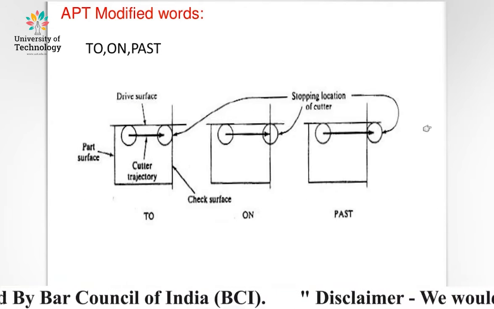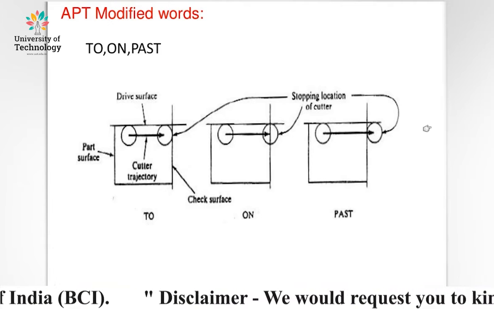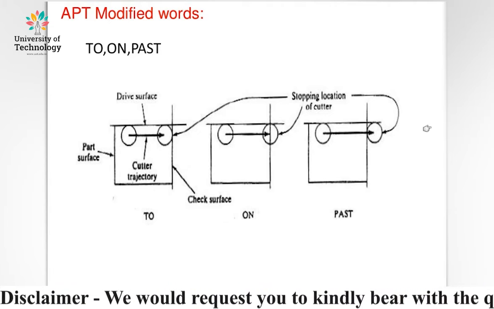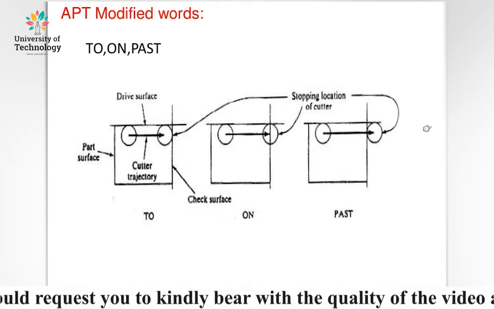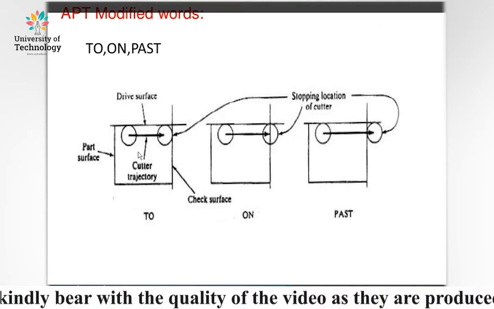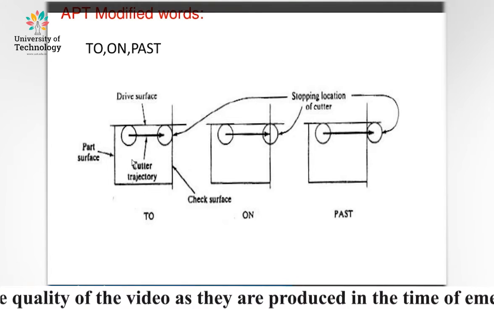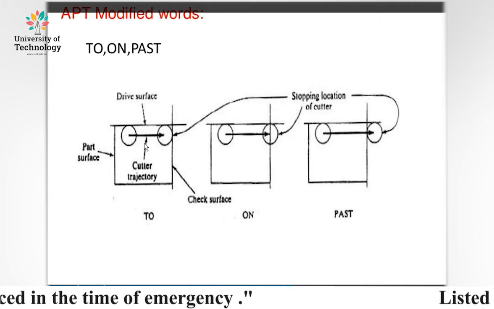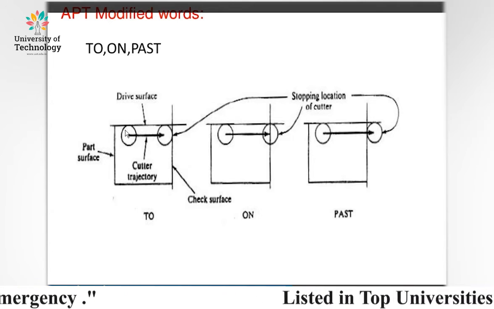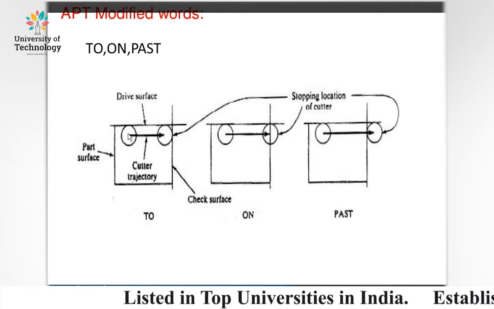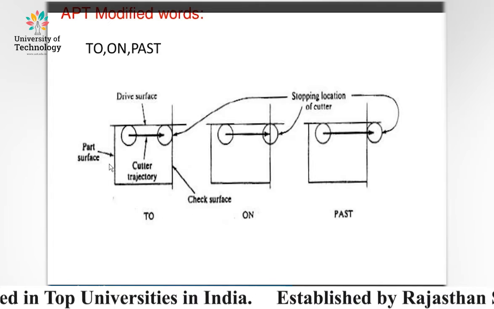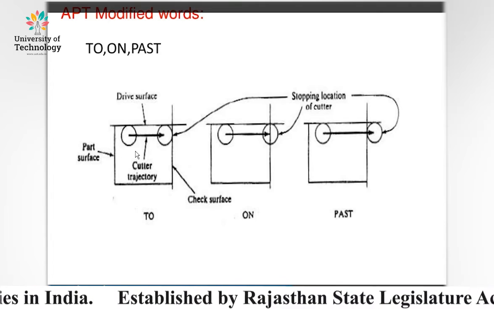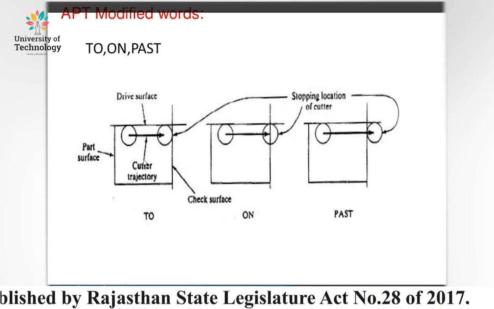APT modifier words here: to, on, past. We can see here, first, to. To means touch the object. That is the drive surface, that is the tool path, that is the part surface, and that is the cutter trajectory.